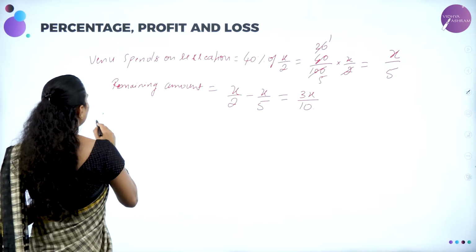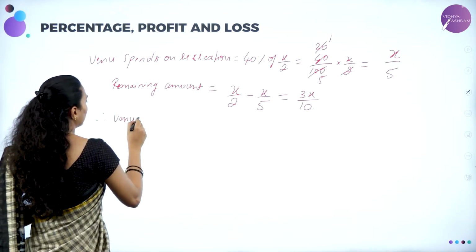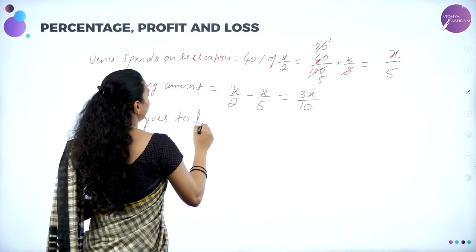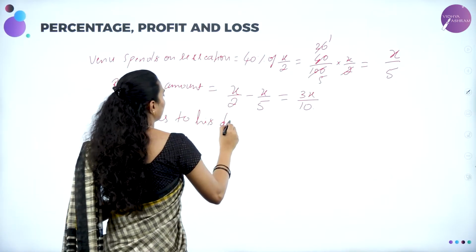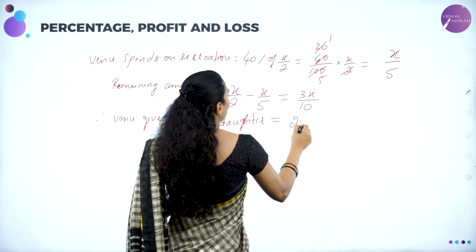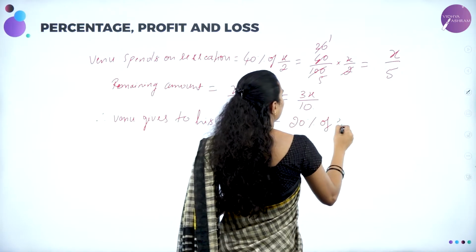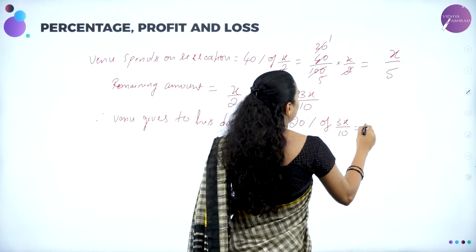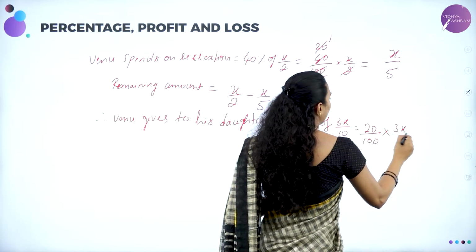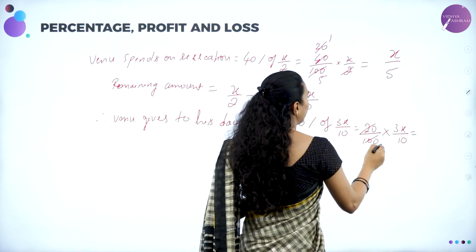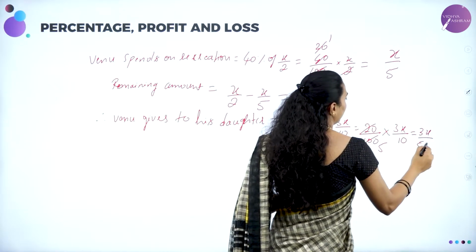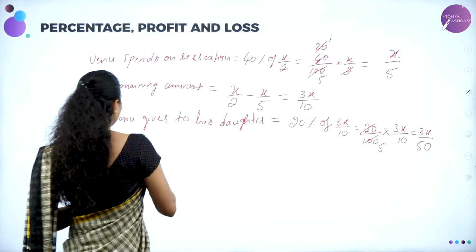So Venu gives to his daughter 20% of 3x by 10, which is 20 divided by 100 into 3x divided by 10, which is 3x divided by 50. Now what will be the remaining?